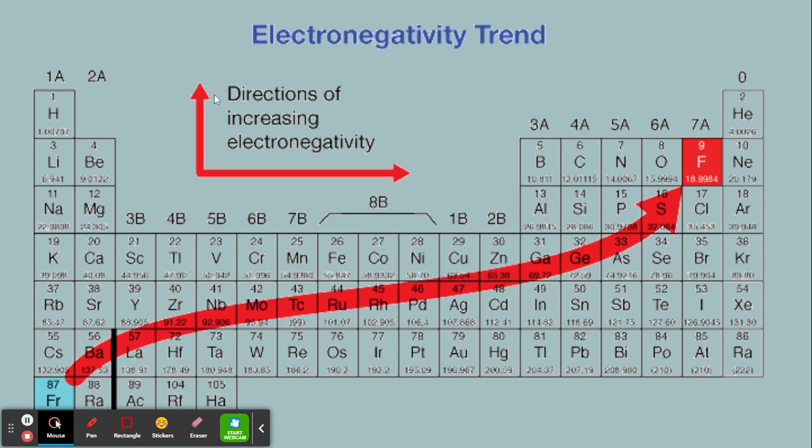Whereas metals, which have the tendency to lose electrons to form cations, do not gain electrons easily. Thus, since electronegativity is a measure of how easily an atom gains electrons, metals, or elements on the left side of the periodic table, will subsequently have low electronegativities.